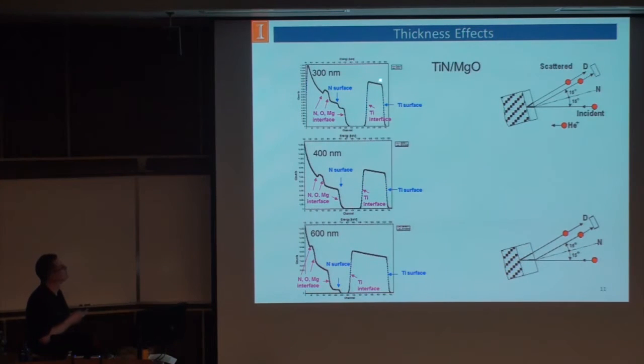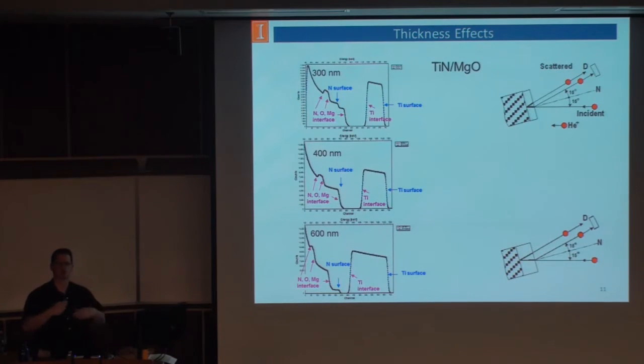The area under this curve, the width of the curve, gives us information on the thickness. And as you can see, it's thin enough such that the substrate, magnesium and oxygen, comes up before where the nitrogen is from the surface.